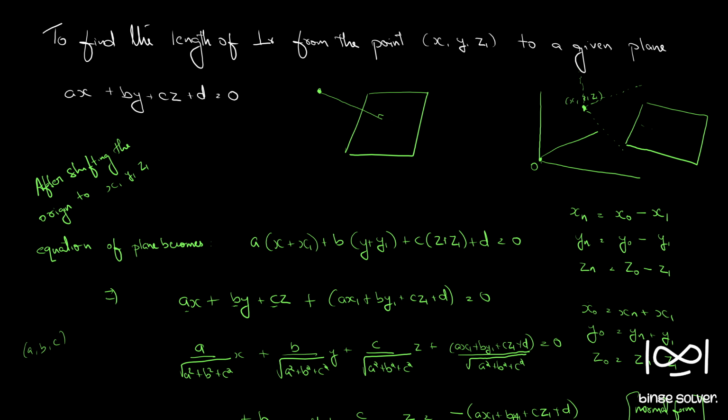This concept could be used to find the distance between two parallel planes. So I will just draw it. Say we have one plane like this, and we have a parallel plane like this.